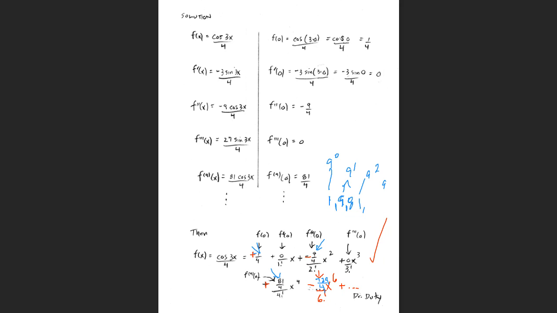So 9 cubed would be 729. I just want to put in that other term. Now what we'll do, this is on the next page as well. Let me go to the next page.